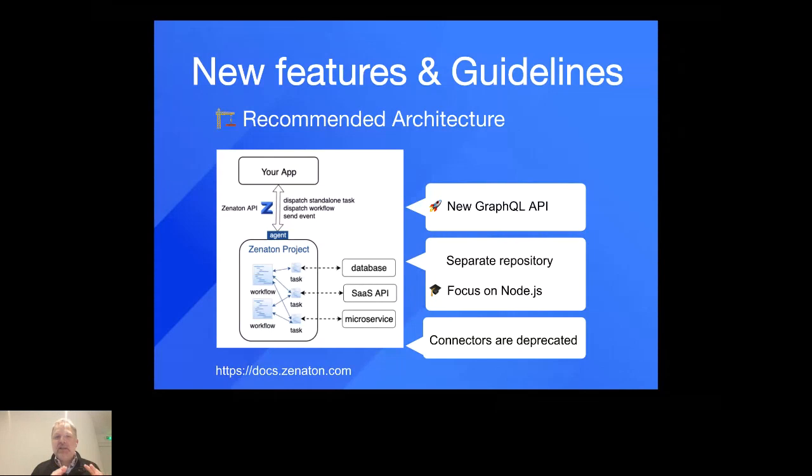Actually, you can use the API from your app without installing any agents. You still have to install the agent within your Zenaton project. I hope it's clear. And we are discussing a lot internally also about replacing the agent. Basically the agent is a queue consumer. It should be more stable and smarter than that, but basically it's a queue consumer.